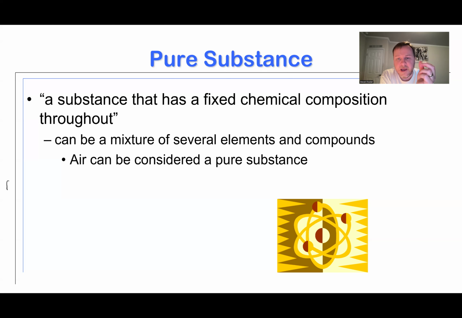It can be an alloy. It could be a mixture. As I was saying, by this definition, something like concrete can sometimes be considered a pure substance, based on this very vague definition.